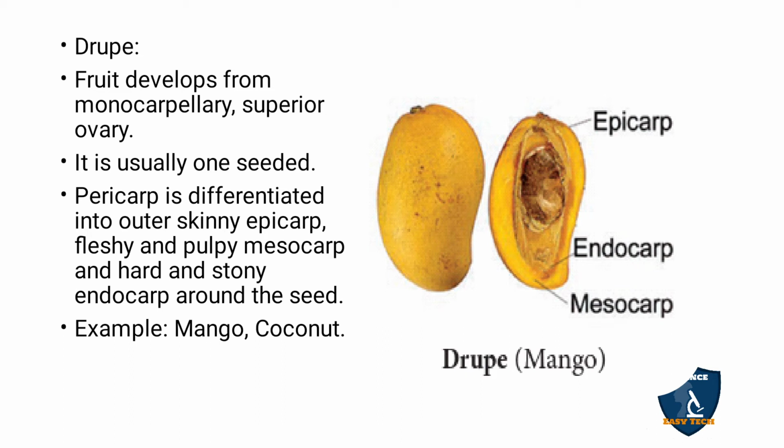The pericarp is differentiated into an outer skinny epicarp, a middle fleshy mesocarp, and an inner hard stony endocarp. These are the three parts. Examples, mango and coconut. In coconut, the mesocarp is fibrous.